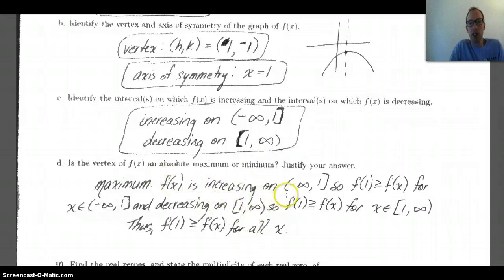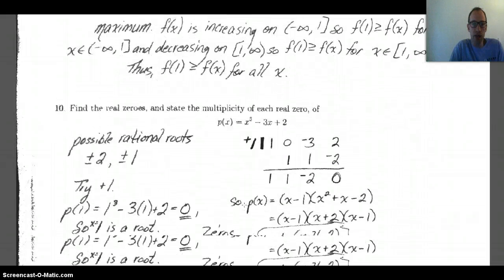If the function is increasing on this interval, that means, by definition, that f of 1 is greater than or equal to f of x for any other x's in this interval. Similarly, if it's decreasing on this one, we know that f of 1 is greater than everything in this, so f of 1 is greater than f of x for the entire function, meaning that it is an absolute max.